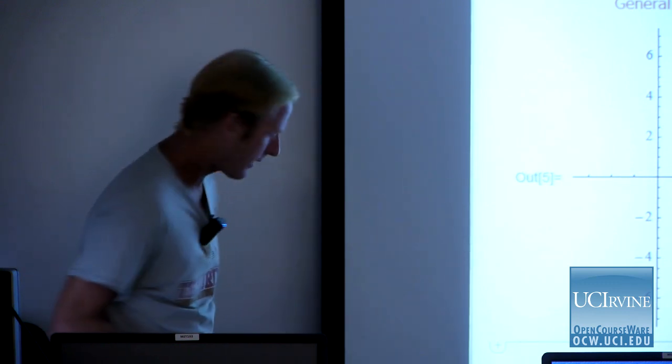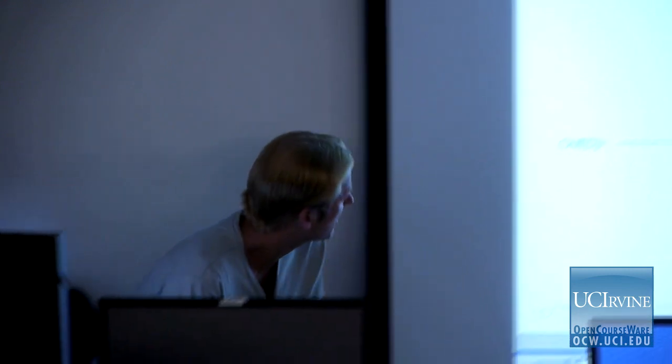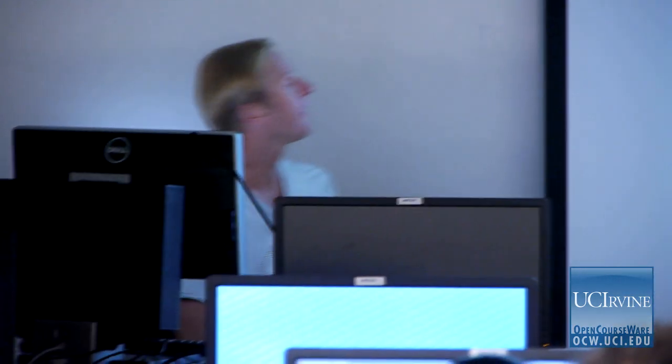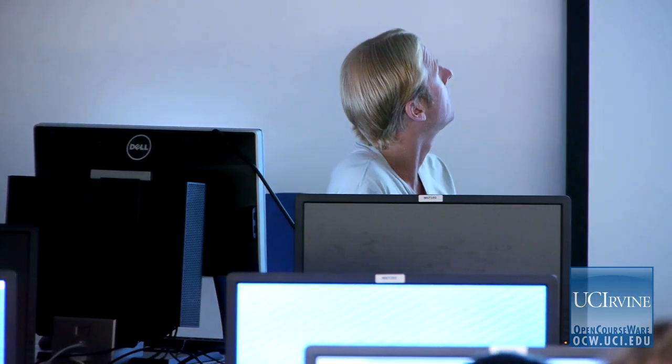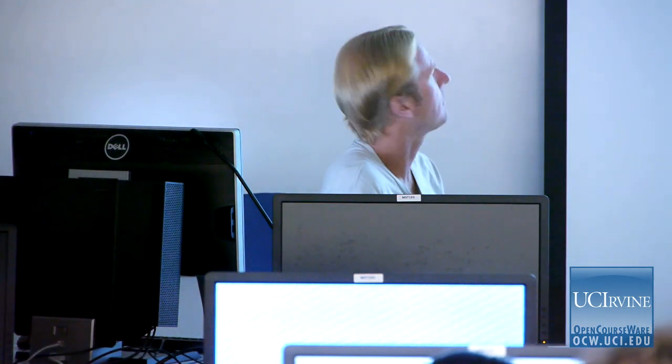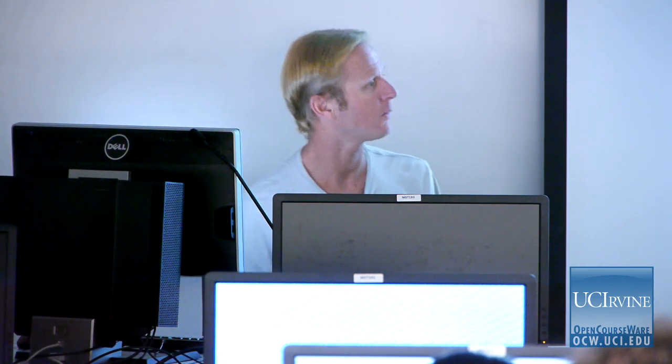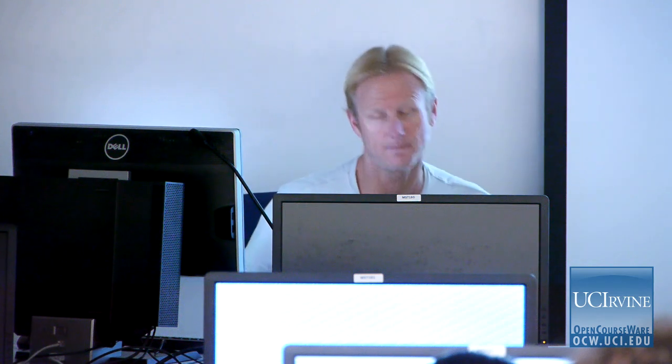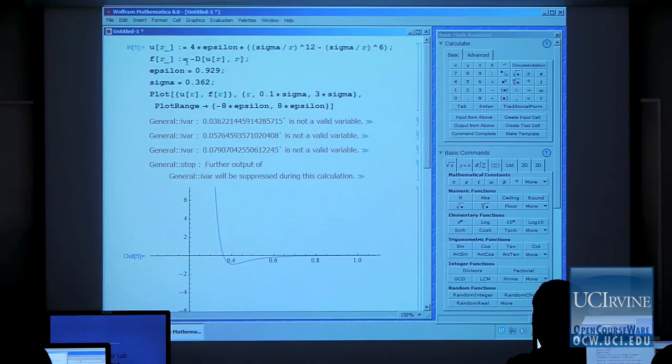Okay? And there's several ways to get around that, and so I'll show you 3 ways. These are useful not just in the context of this particular example, but they're ways of finessing Mathematica to do exactly what you want in cases where it doesn't do what you want. So one of the ways to fix this problem is to use a different kind of equals here.